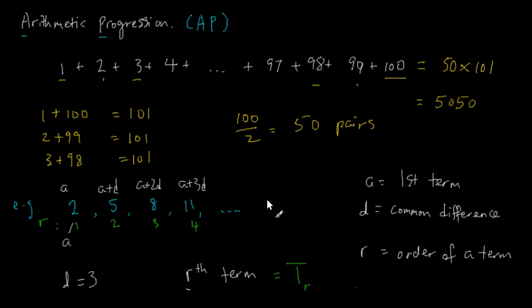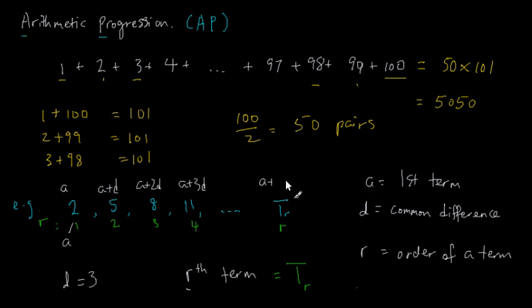So for example, if I say I want to find the Rth term, TR, what would be the formula? Well, since we have noticed from this pattern that the number that multiplies the D must always be 1 unit smaller than R, that's exactly what we can write down.